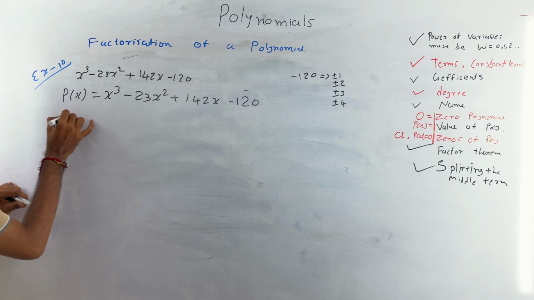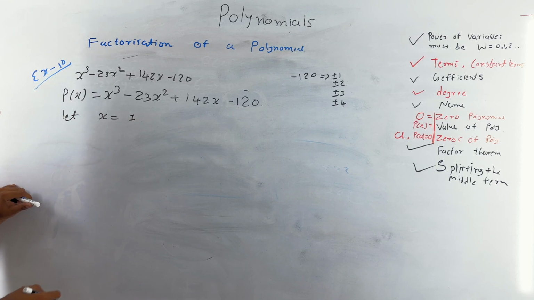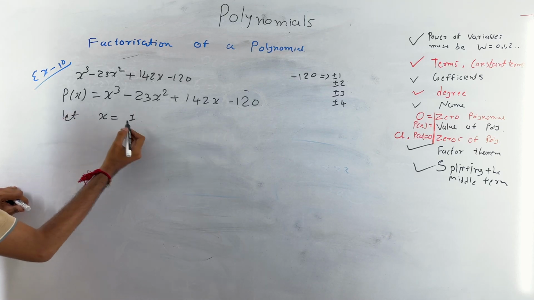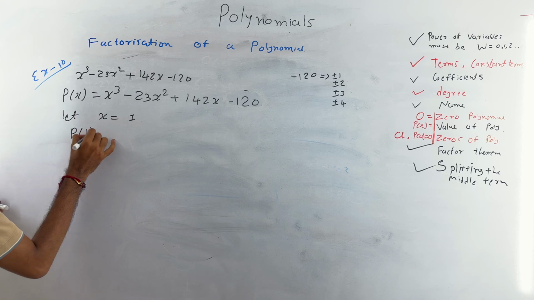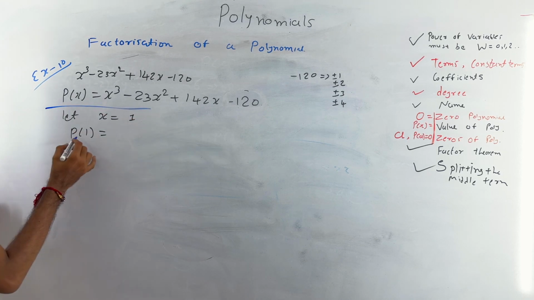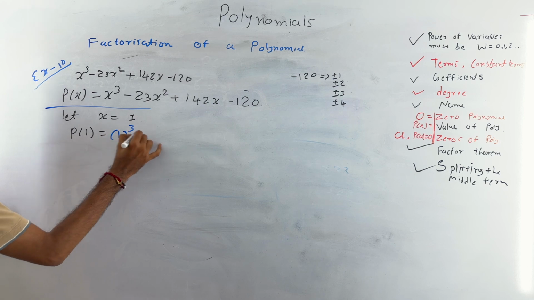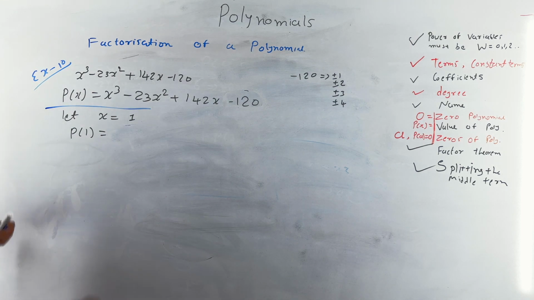So let x equal to plus 1. We will see what will be our answer. So if I take x equal to plus 1, then p of 1 equal to 1 cube minus, now I will write directly, right?